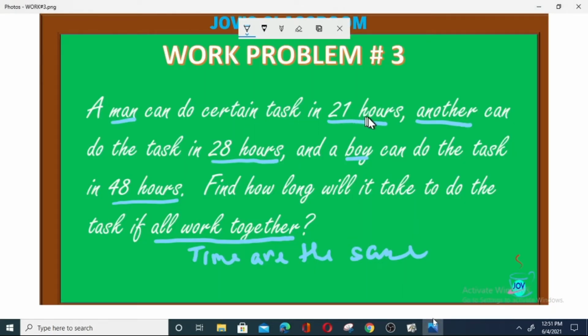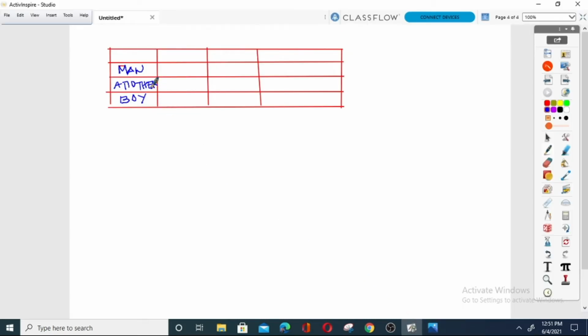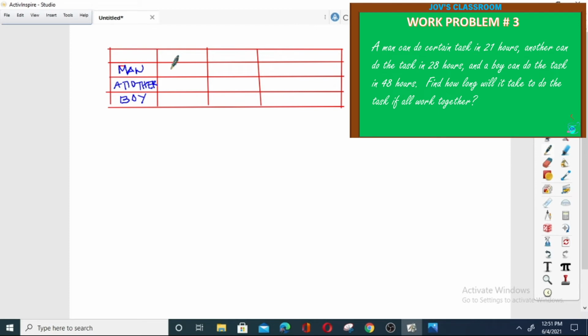For the man, 21 hours, so the rate is 1 over 21. For another it is 1 over 28, that is their rate. And for the boy, the rate is 1 over 48. So let us put that in the table.